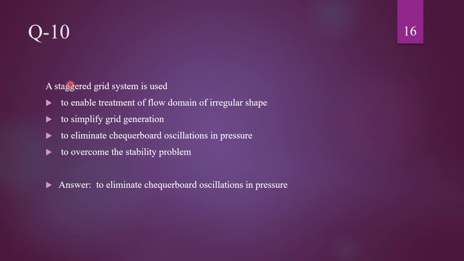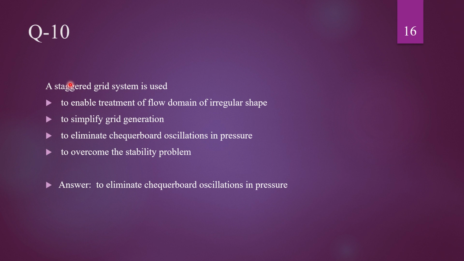And for the staggered grid system also, we have the difficulty wherein pressure would be oscillating, so checkerboard oscillations would be coming over there. To eliminate that, we would be using a staggered grid.